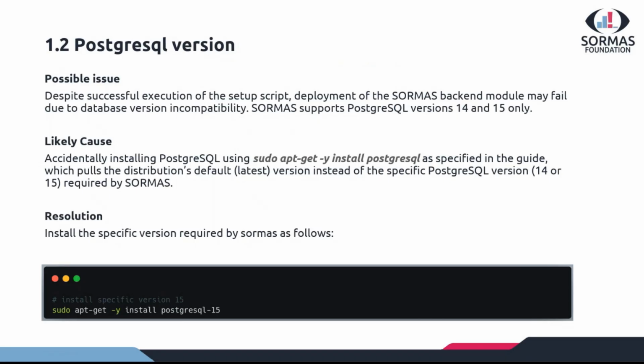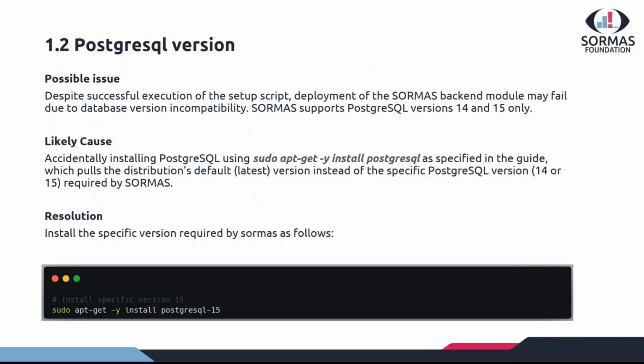During SORMAS setup as well, some issues could come up, especially regarding the PostgreSQL version. So the idea is that the server setup script could complete successfully, but when you're now deploying the SORMAS application, which usually starts with the SORMAS backend module, the deployment may fail because of version incompatibility.